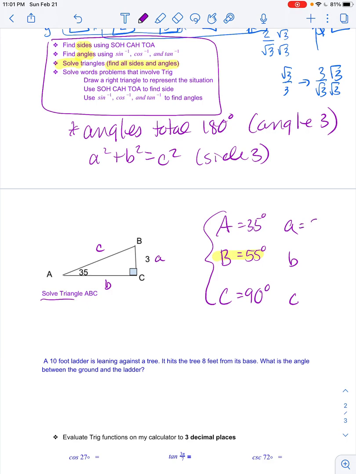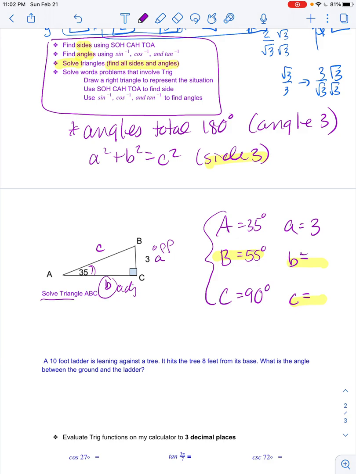Side A, they told me, was 3. So I need to find these other 2 sides. When I'm trying to find side 3, meaning the last one, I can go ahead and use Pythagorean theorem, but not until I know 1 more. So let's go ahead and find side B. Okay, well, I know this angle. I know this side, which is the opposite, and I'm looking for side B, which is the adjacent.